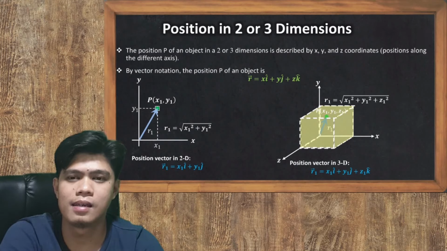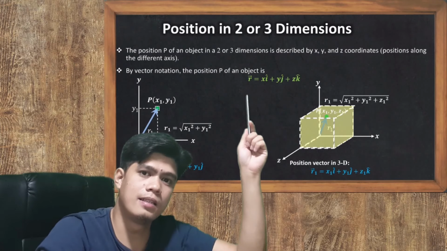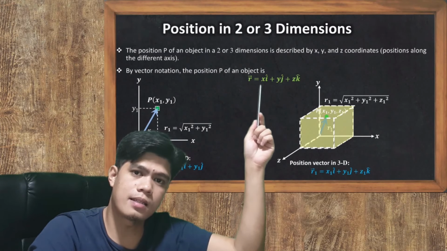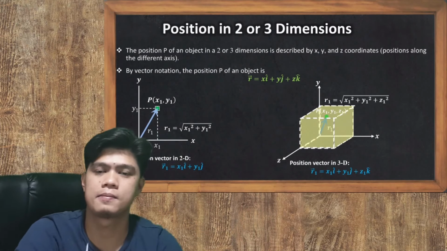Okay, and we'll use a vector notation. So the position P of an object is the position vector r equals x i hat plus y j hat plus z k hat.